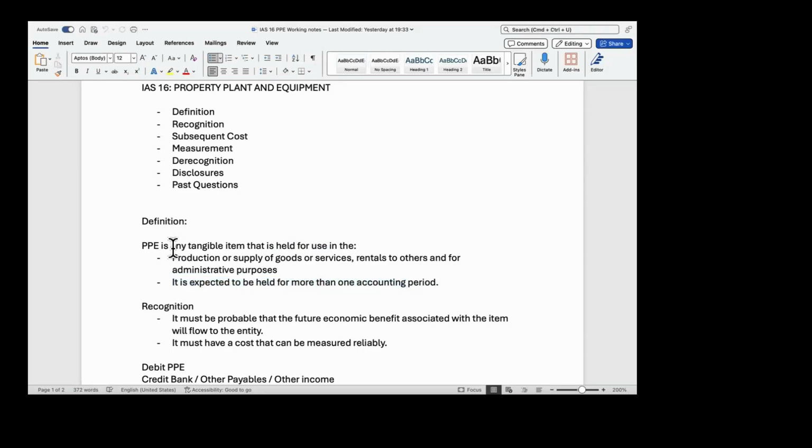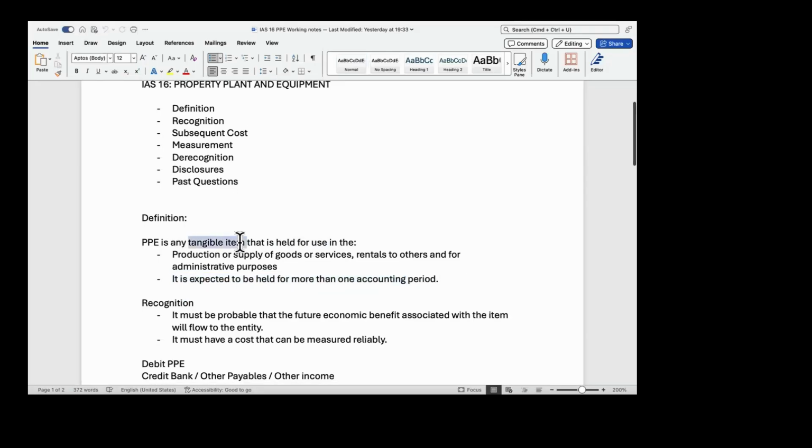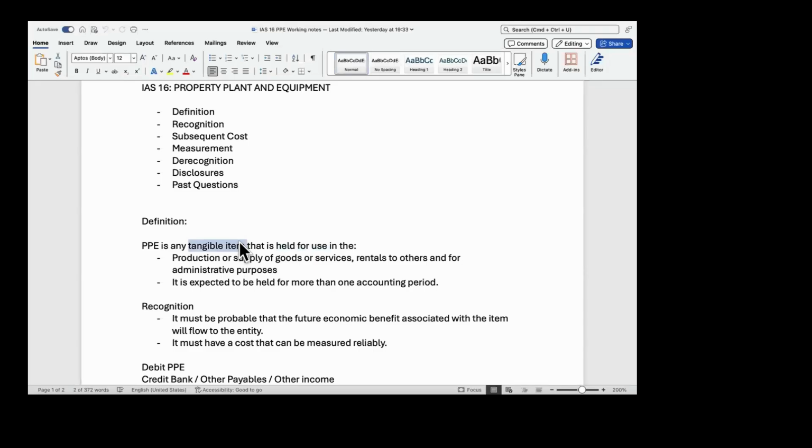I explained this definition, paying maximum attention to the fact that for an item to be PPE, it must be a tangible item. It must be an item with physical substance, an item that you can see or touch. And this item must be held for use, not held for sale. You must actually be using it within the entity.